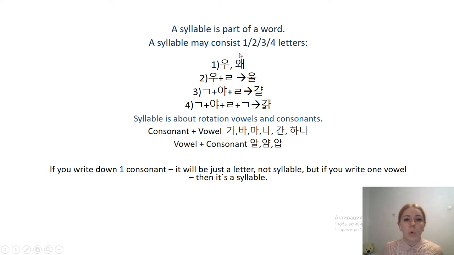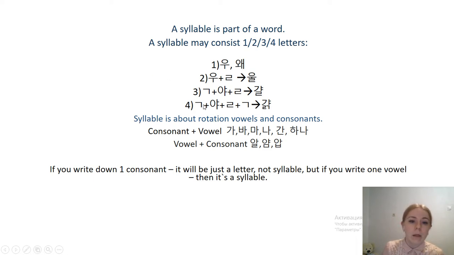So we are talking about syllables, and there is one last example. It consists of one syllable with 4 letters. We never have 5 or more letters in one syllable. There might be 1, 2, 3, or 4 letters.